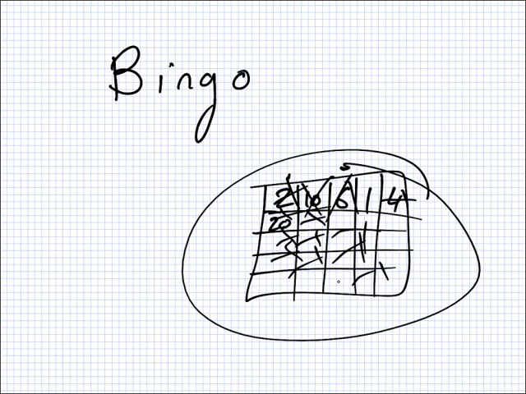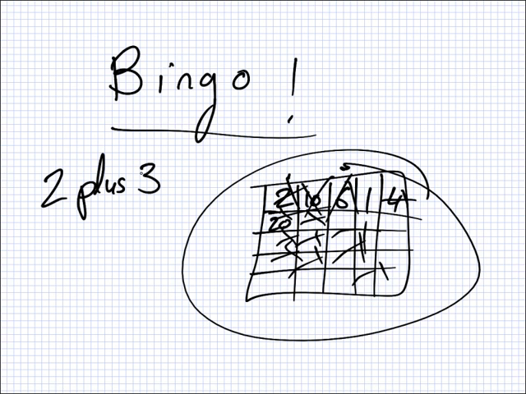Bingo. The first person who says bingo wins. I have my bingo card here, but I'm going to change it a little bit. I'm not going to say 5. I'm going to say 2 plus 3, which is 5, and then you can cross out 5.